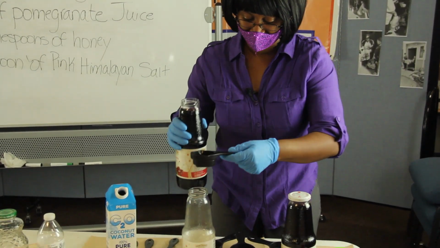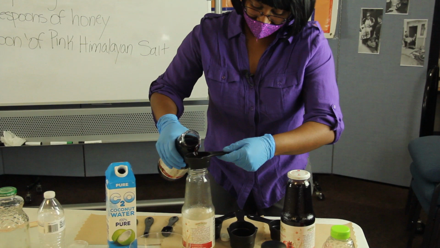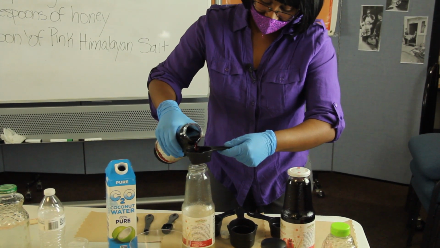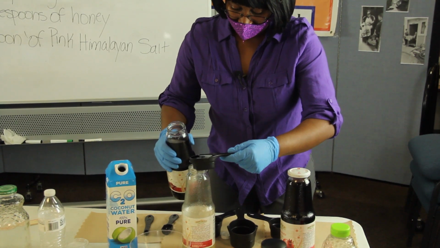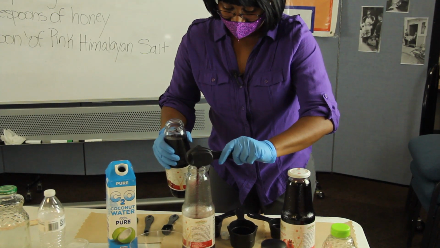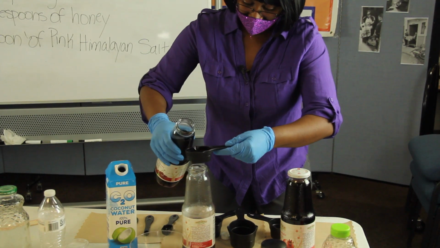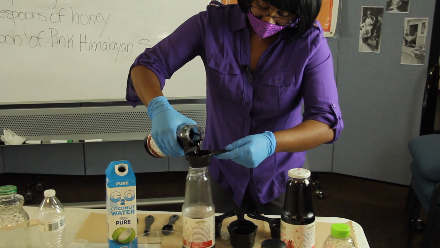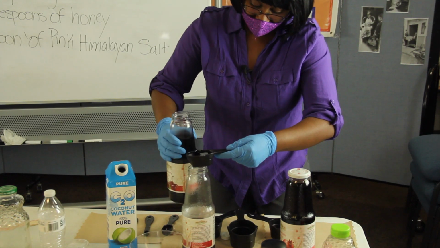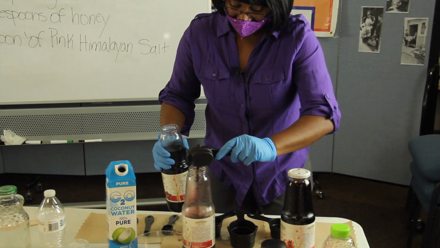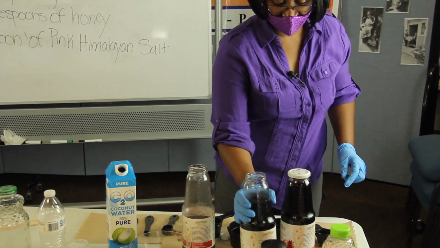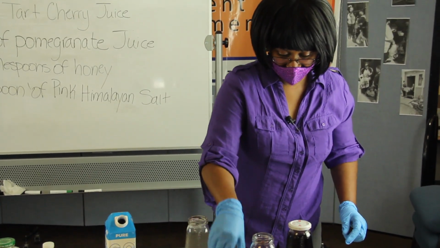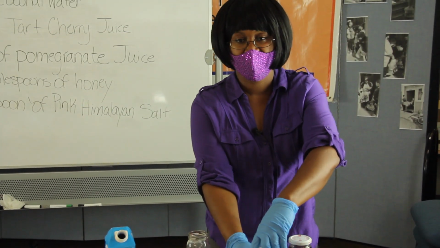Here we go. That's 1/4. And that's a half. Now be careful with cherry juice because it can stain. That's why we wear an apron.